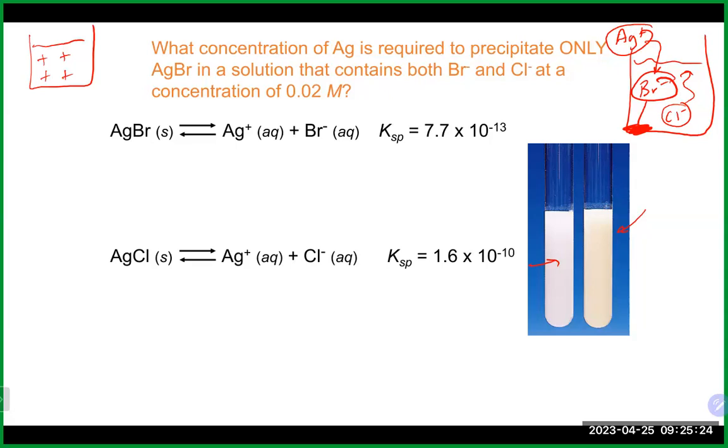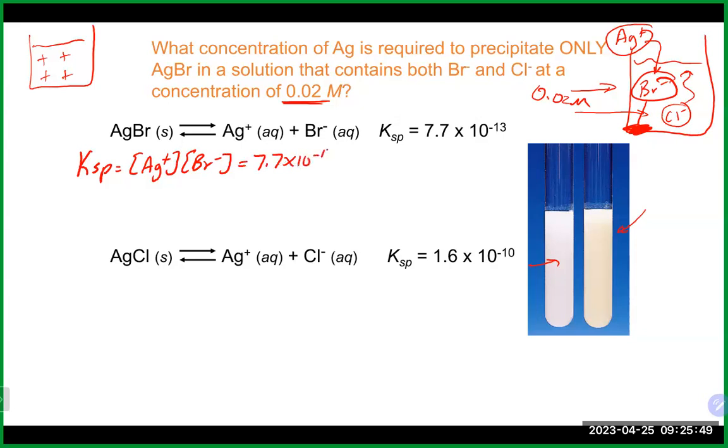So how can we use this idea to help us? Well, we do know the concentration of each of these ions, and each of these ions is floating around with a concentration of 0.02 molar. So if we wrote the KSP expression first for silver bromide, it would be the concentration of silver times the concentration of bromide equals 7.7 times 10 to the minus 13.